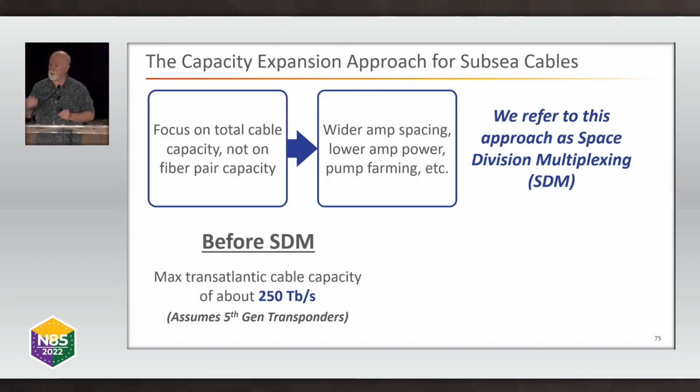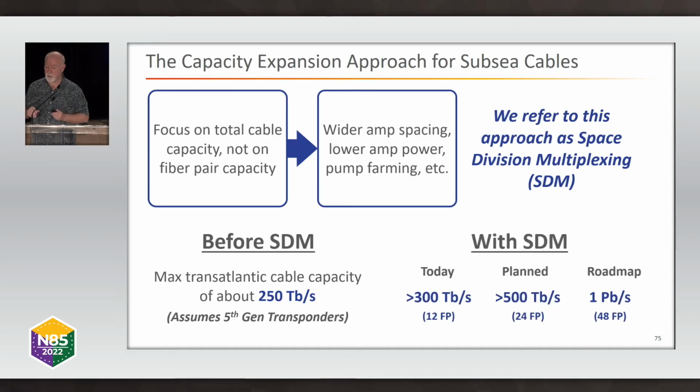That will be a cable like the Maria cable, which is actually the highest performing cable from a per fiber pair point of view, but the total cable capacity is not as much as more modern cables like the Dunant cable, which probably has about 300 terabits per second on 12 fiber pairs rather than 8 on Maria.